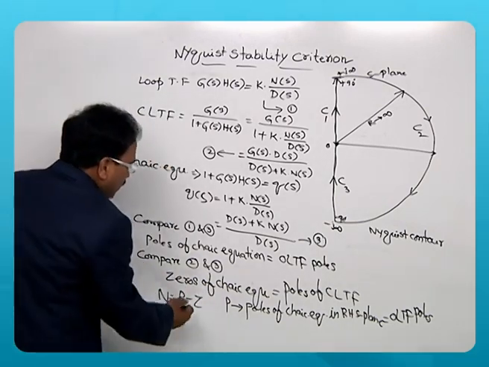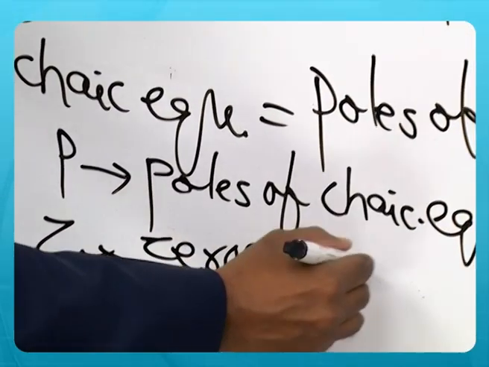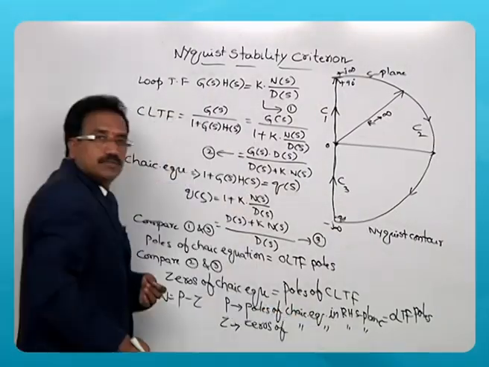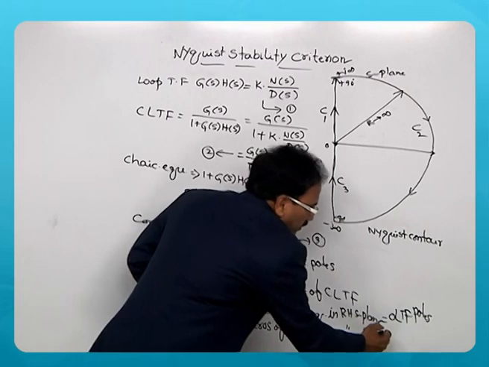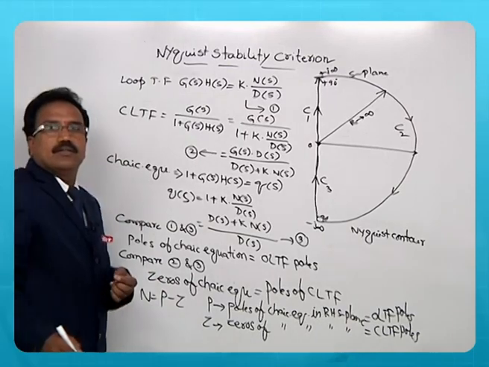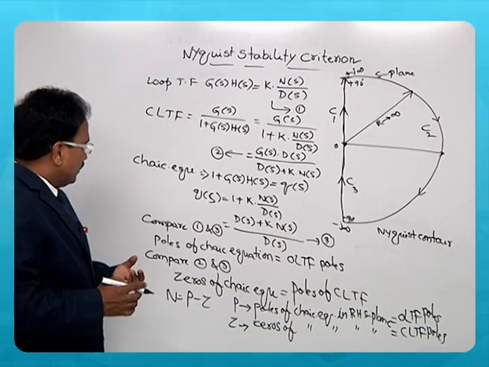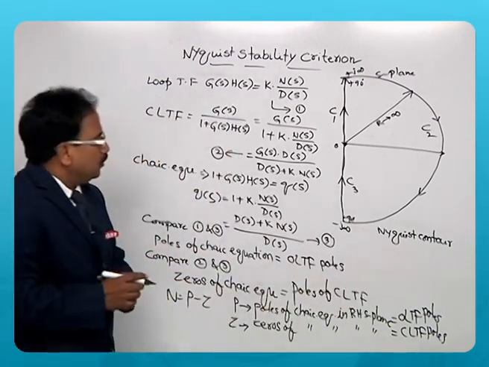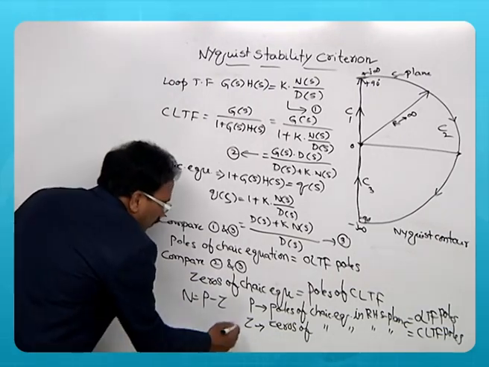What is Z then? Z is the zeros of the characteristic equation in the right half of the S-plane. Zeros of the characteristic equation in the right half of the S-plane are nothing but closed loop transfer function poles. Once you understand this P and Z in terms of characteristic equation poles and zeros, and open loop and closed loop transfer function poles, then N. What is N?